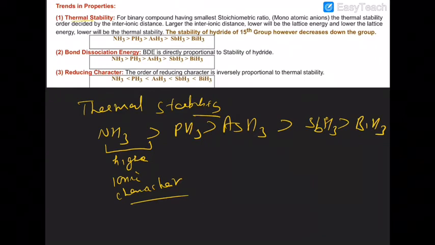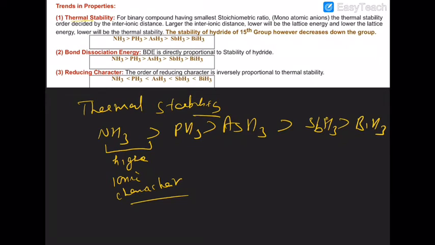But electronegativity decreases as we move down the group. So as the electronegativity decreases down the group, the difference between the electronegativity of the element and hydrogen also decreases, because the two values come close together.